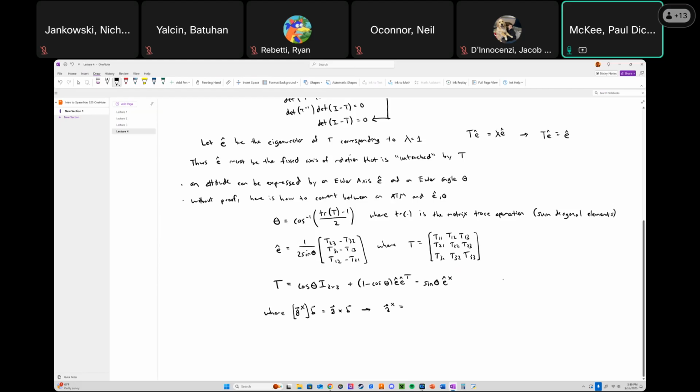A cross is a skew symmetric matrix: zeros along the diagonal, then negative A3, A2, negative A1, positive A3, negative A2, positive A1.